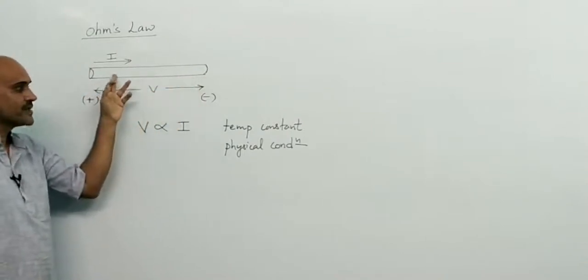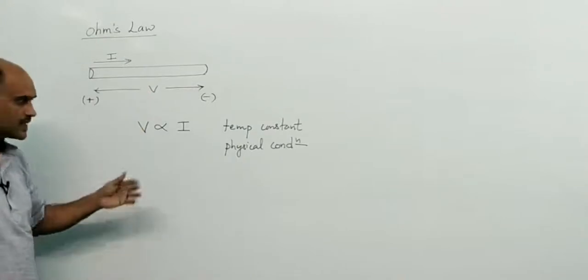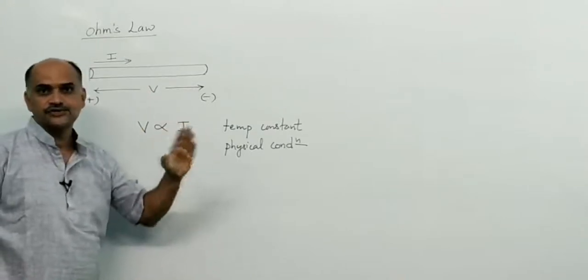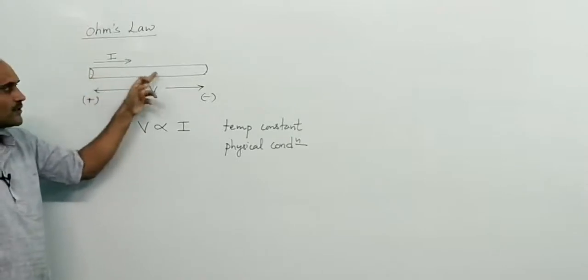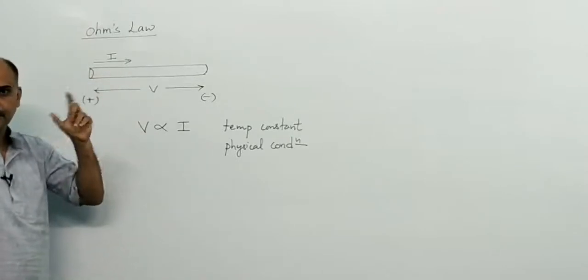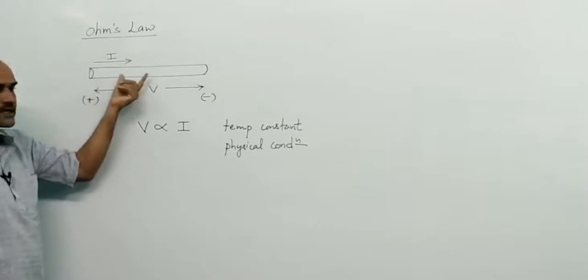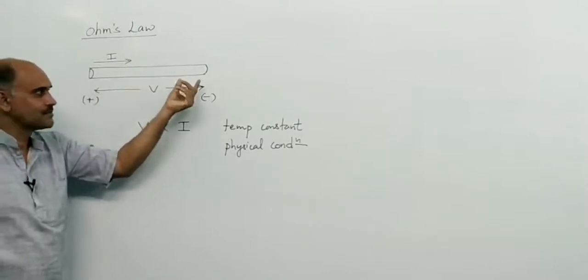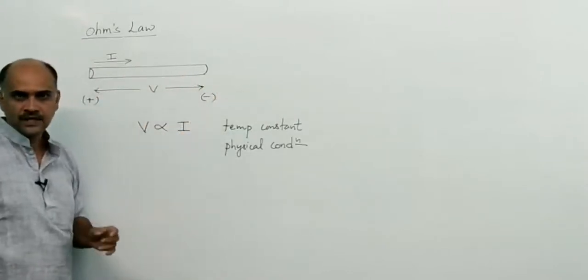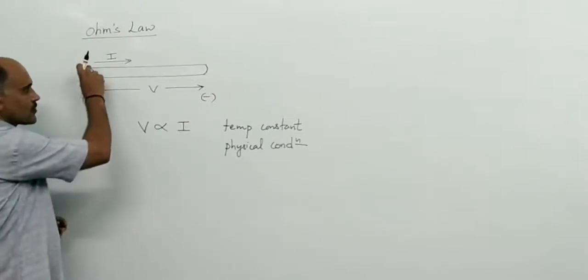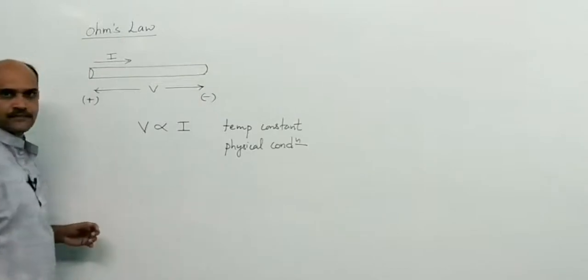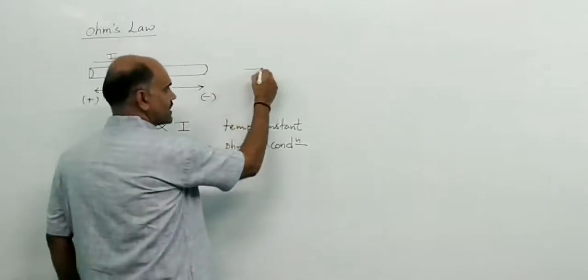There should not be variation in temperature. Physical condition should remain the same, meaning this wire or conductor should be of a single material. You can't have half of copper, half of aluminum, and some part steel. It should be of uniform material. Second, the cross sectional area has to be the same. You can't have a wire in this form.